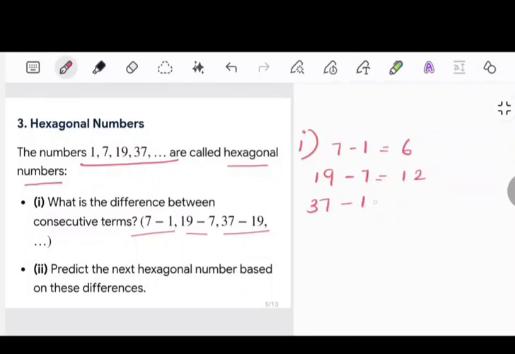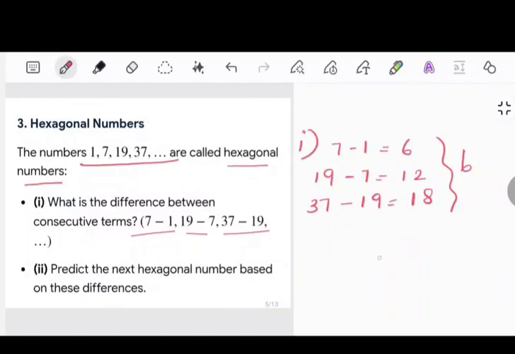Next, 37 minus 19 is 18. So here the differences are 6, 12 and 18. Notice that each difference is increased by 6 here. All these differences are increased by the number 6, right?